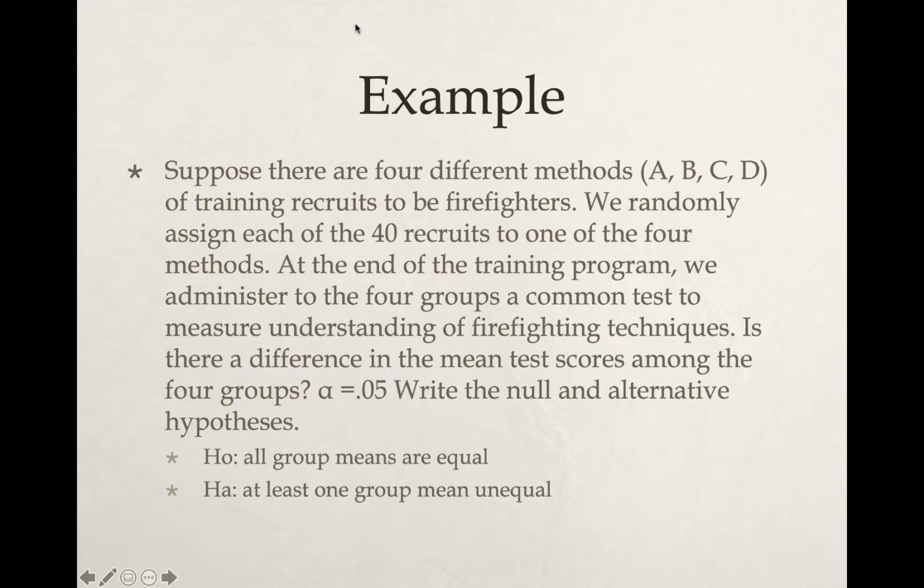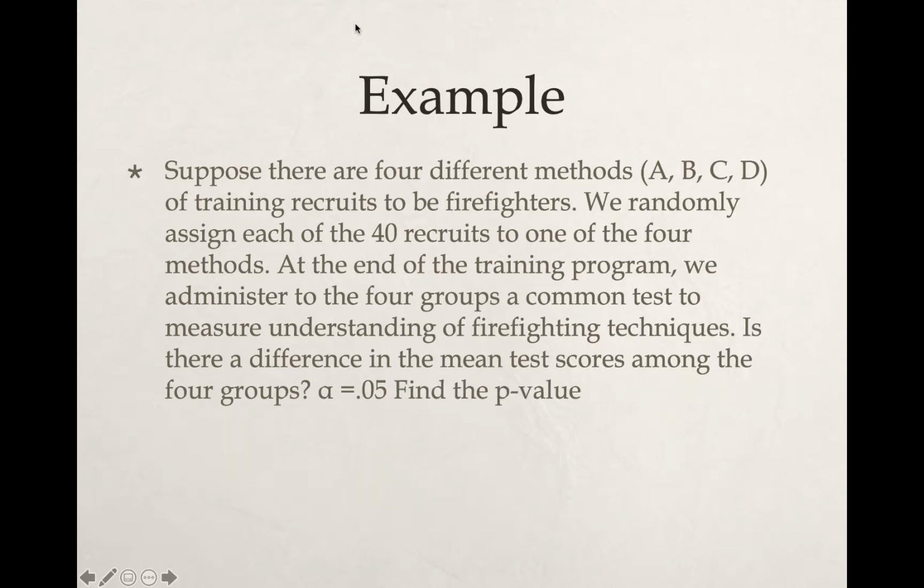And our alternative is at least one group mean unequal, because it only takes one to be unequal to throw off the equality of all of them. Here, where I'm saying group is specific to this problem because that's what we are calling A, B, C, and D. We could also say method, but what you want to do is name your factor here, and I think you'll catch on to that more once we get over to the classwork.